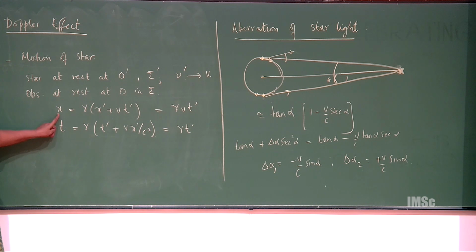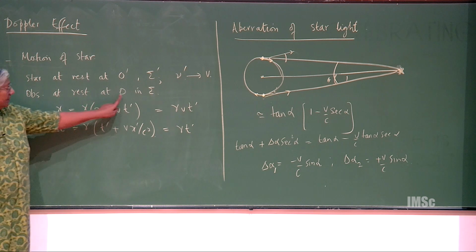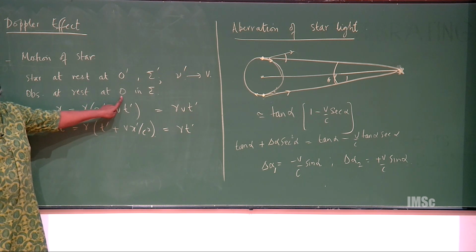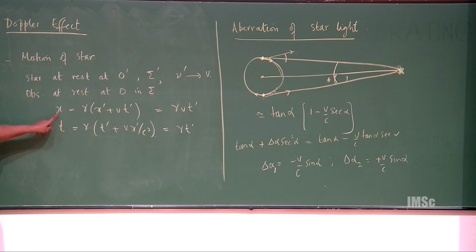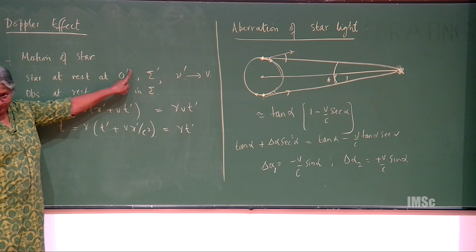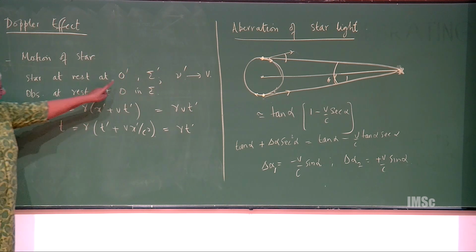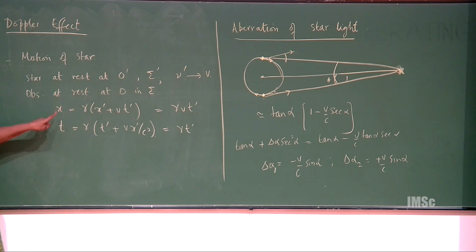So when will it reach the observer? The observer is at x equal to 0. So this wave which was emitted actually at x prime equal to 0, and so at t prime equal to 0, when t equal to t prime, is actually sitting here at x, and it has to reach the observer, and it is travelling at a velocity c. So what time does it take to reach the observer?